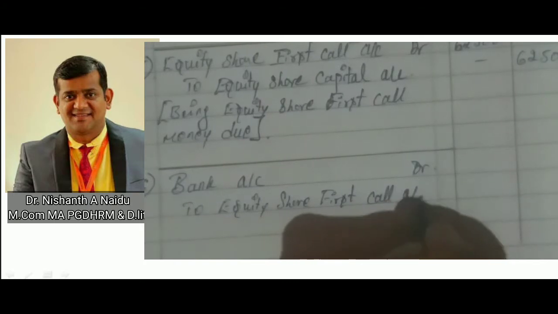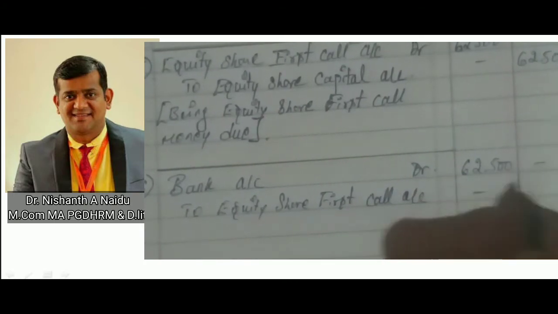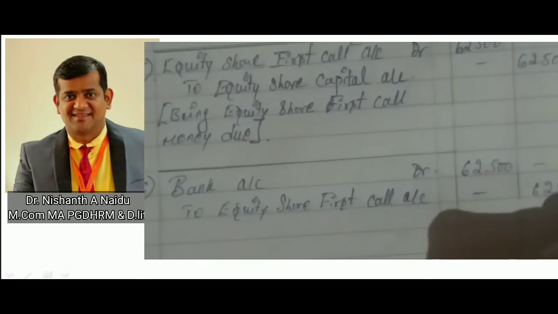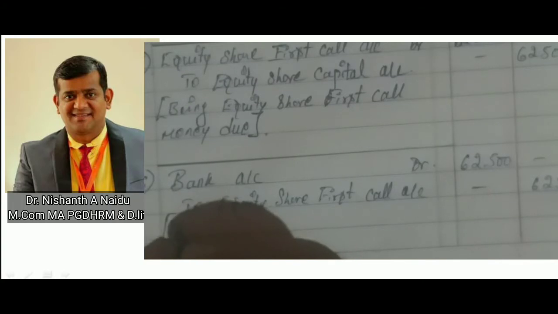So we are receiving first call money, that is 62,500. So what is the narration?